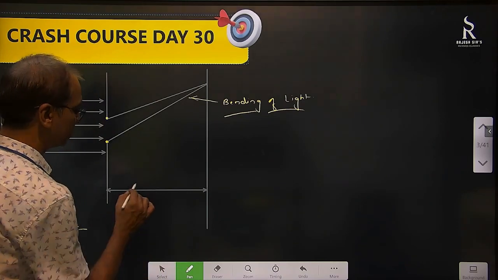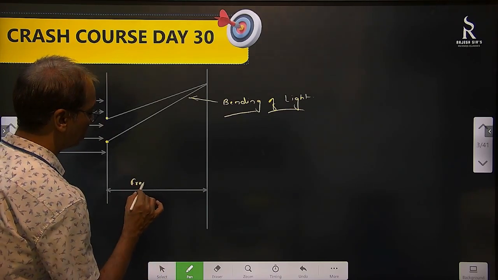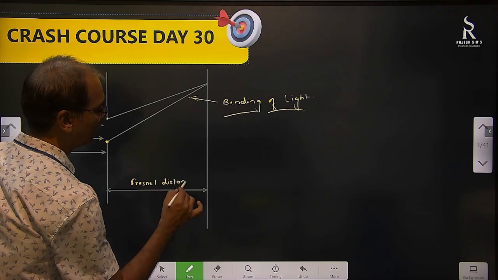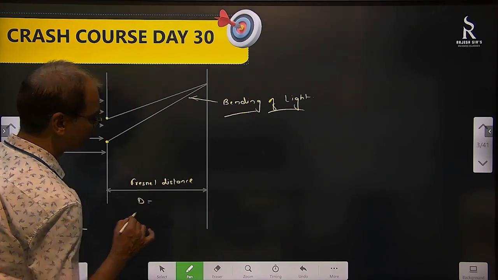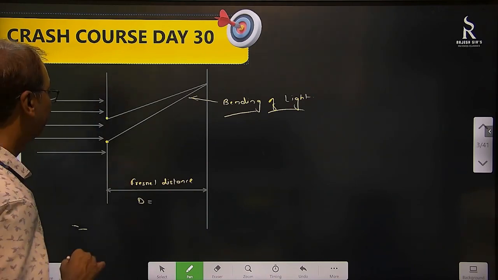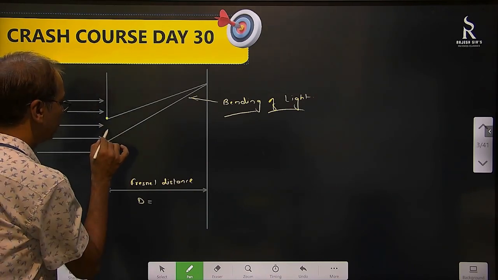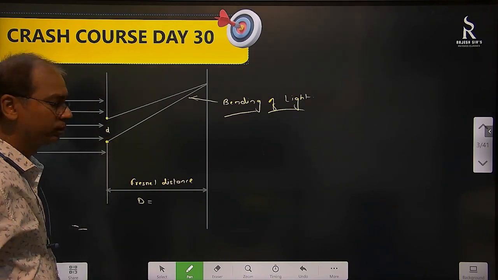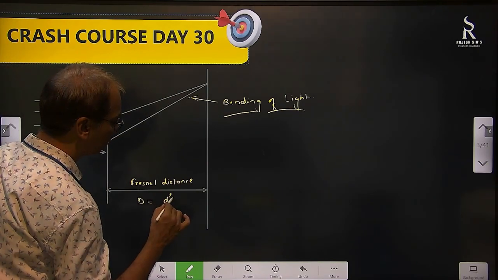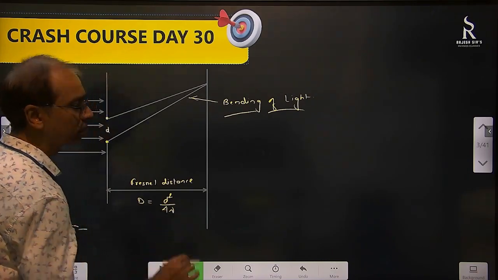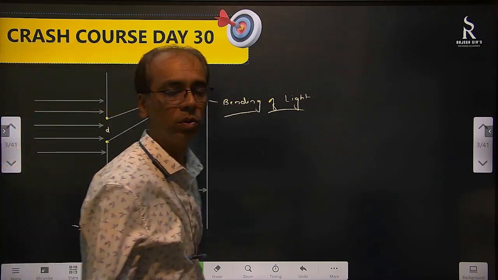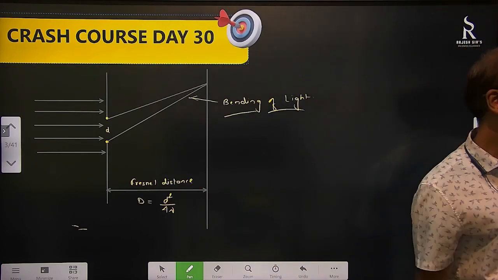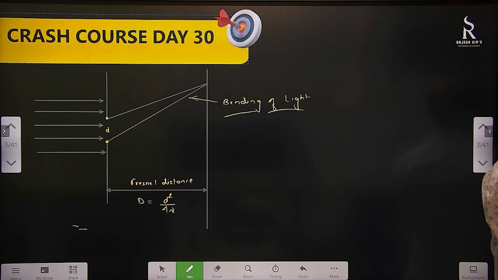That is called Fresnel distance, given by Fresnel. Normally we represent it with D, and the separation between the two edges of this slit is d. Then D equals d squared by 4 lambda.